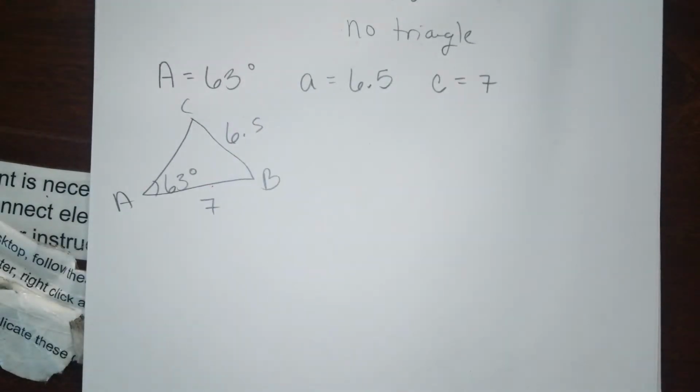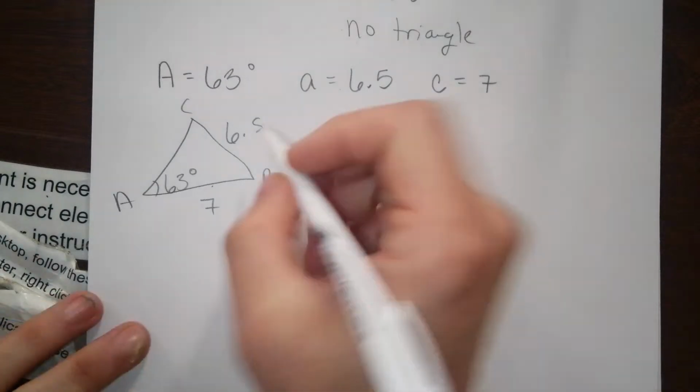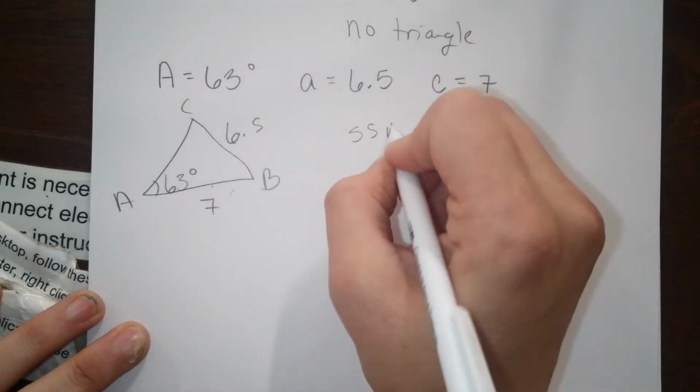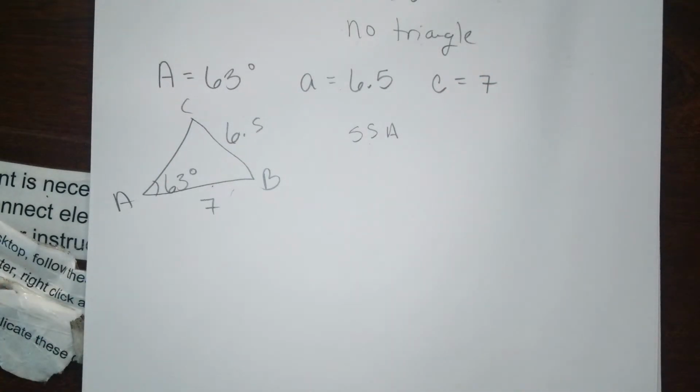What type of information do I have? Side side angle, right? Side side angle. All right. First thing I figure out: angle is acute or obtuse. What do I have? Acute.